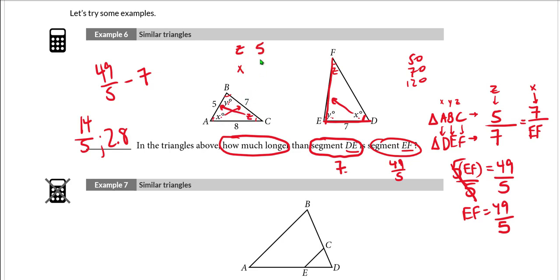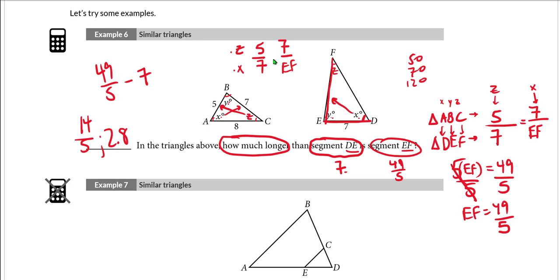The side opposite the X is 7. So that's the ratio of the Z side to the X side in this triangle. Well, the ratio of the Z side to the X side in this triangle is going to be 7 to the EF that I want. I'll write EF there again. Well, you can see that is exactly the same ratio as I got over here.